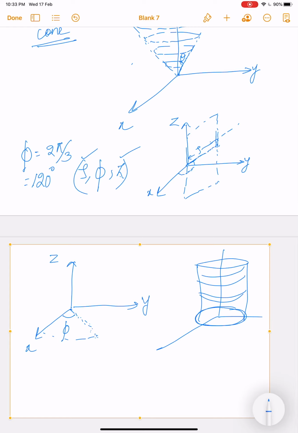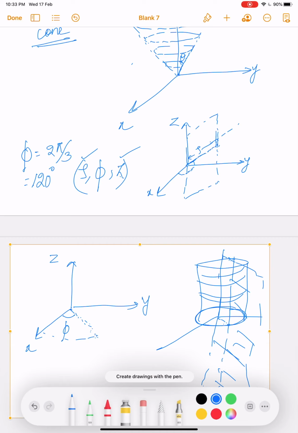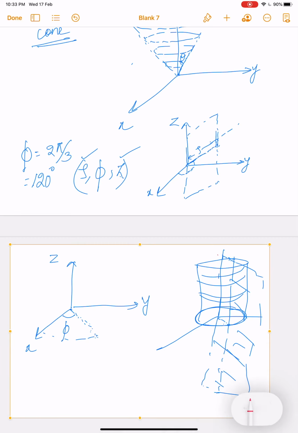But suppose my phi is fixed over here, then I'll consider just this part. It means this plane. I'll get this plane which can go up to infinity, and top down it can go anywhere. Just this much.